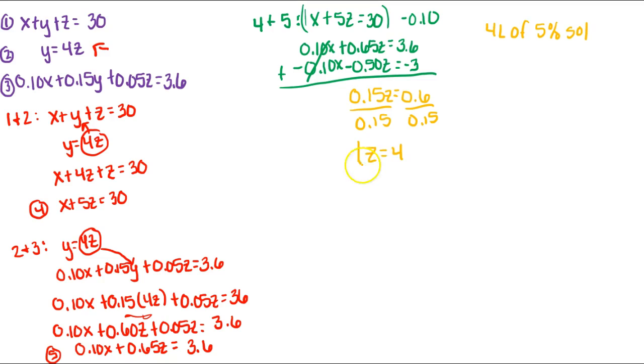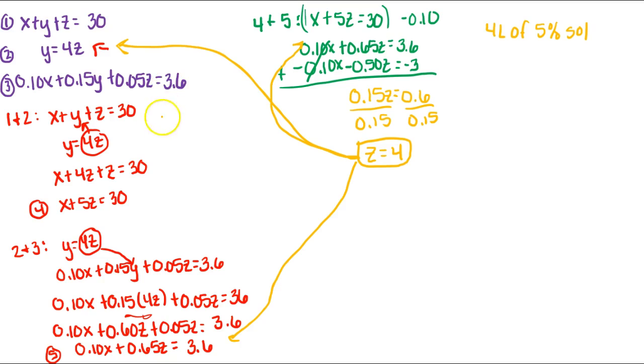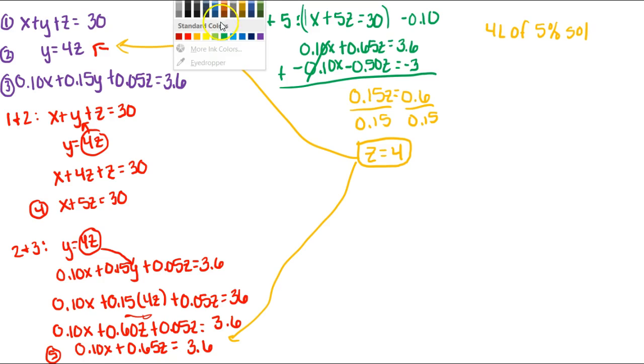Alright, now I'm going to take z, and I bet you can guess where I should plug it in so I can figure out another variable. Now I have options. I can plug it in here. I can plug it in here. But I think I'm going to use it in equation 2 here so I can figure out what y is equal to. I think that'll be a little bit quicker.